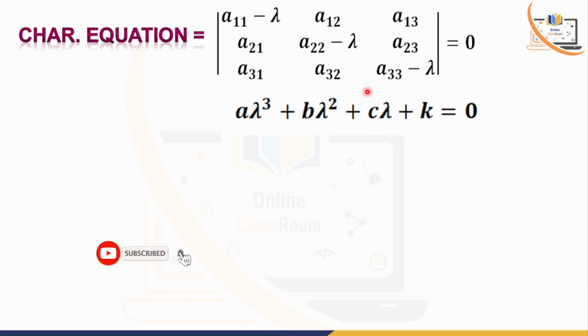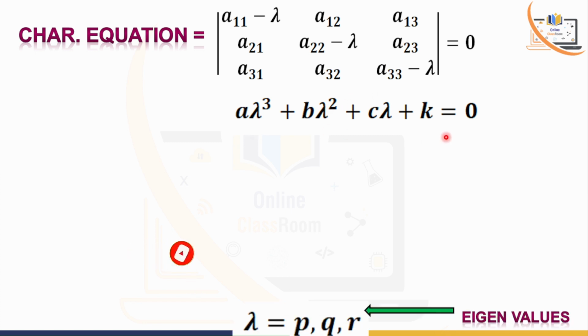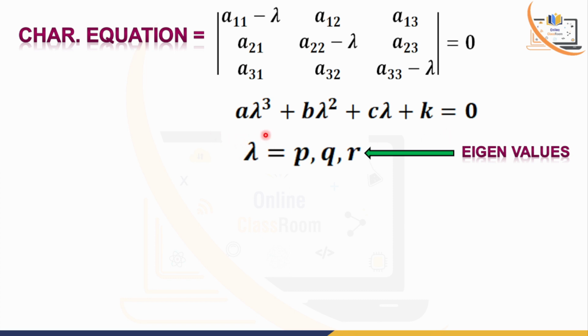Now obviously we have three values of lambda. The values may be different, may be equal, or may be complex, whatever, but ultimately we get three values. Suppose the values are p, q, r. These particular values will be called eigenvalues.